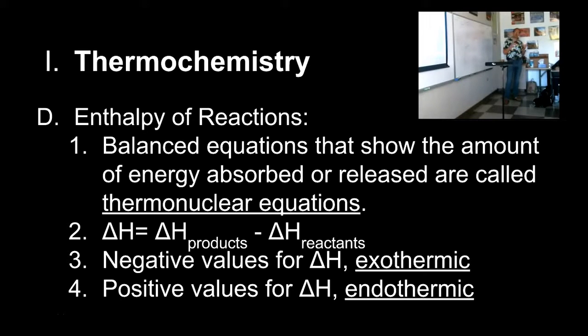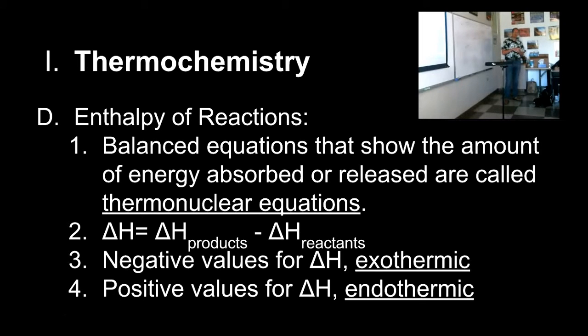So the total change in enthalpy is equal to the enthalpy of the products minus the enthalpy of the reactants. So the energy available in the products that you end up with, and then you subtract the thermal energy of the reactants that you started with.